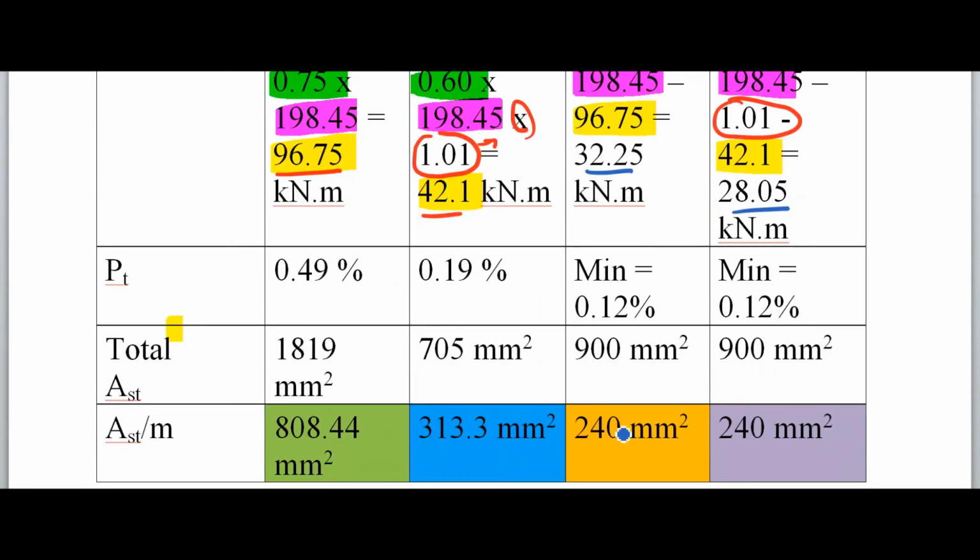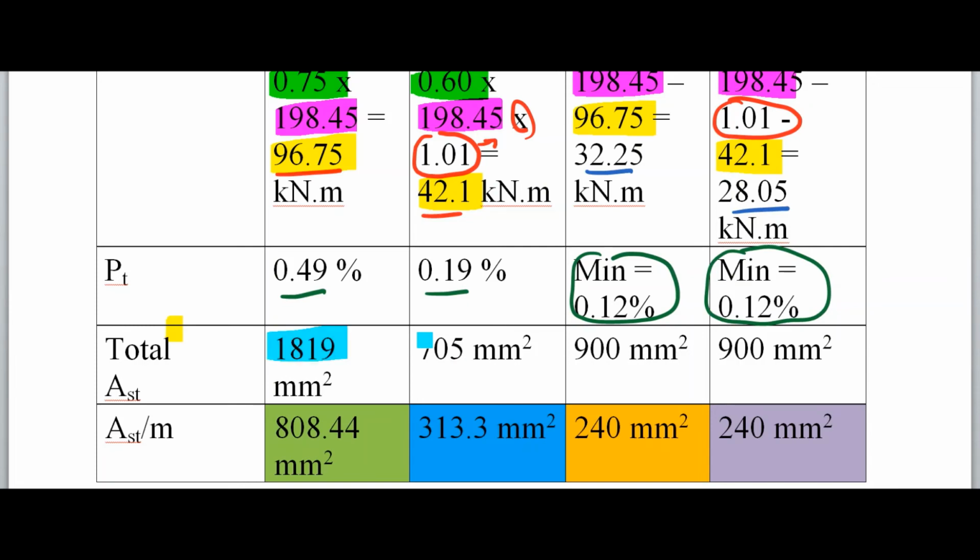After that we calculate the Pt value: 0.49, 0.190. But on the middle strip we have to provide a minimum of 0.12% because the value is below 0.12%. Pt is not possible, so the minimum requirement of the percentage of steel is 0.12%. So we assume a minimum of 0.12% steel on the middle strip.